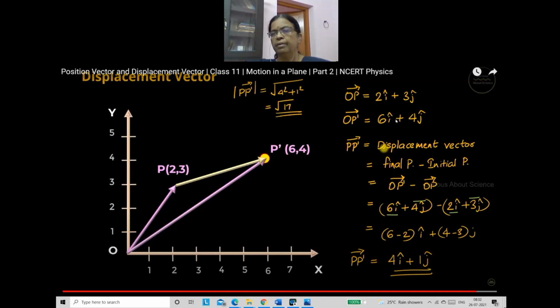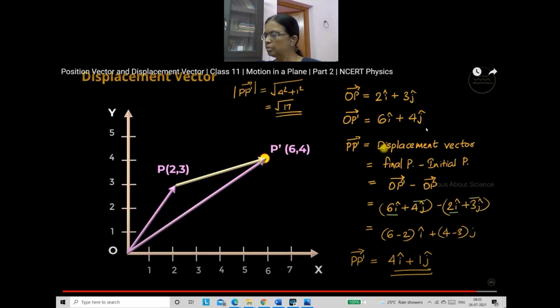I will ask Nandana. How will you find the magnitude of OP dash? Modulus of vector OP dash equal to? Square root of 6 square plus 4 square.